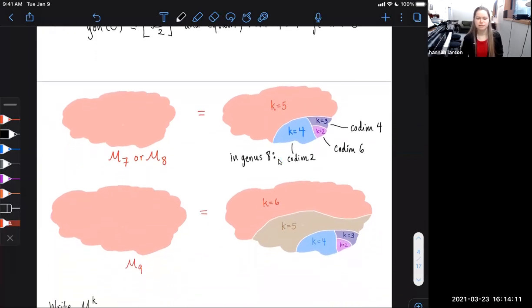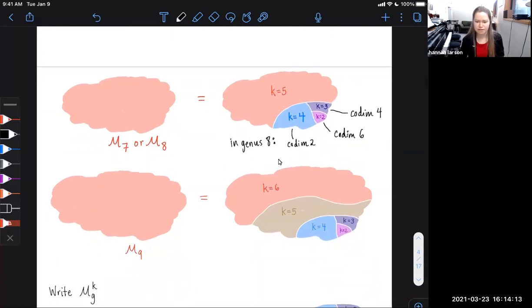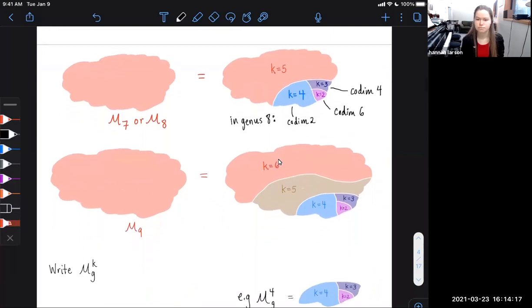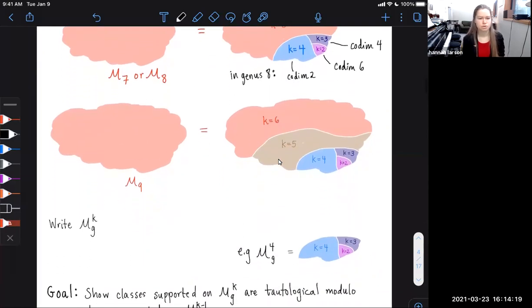And then here's my picture of M9. The gonality goes up to 6. So throughout, I'm going to write M_g^k to be the following locus. We take all of the curves in M_g so that the gonality of C is equal to k.